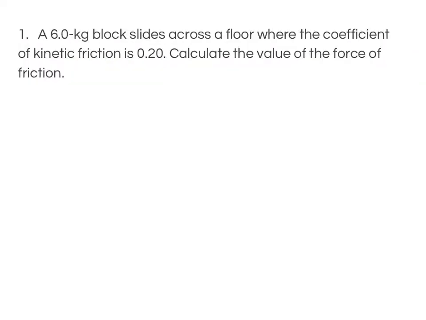So in order to calculate the force of friction, we're going to need the normal force because the force of friction is mu times the normal force. Let's take a look at a force diagram so that we can imagine all the different forces. Our block is sliding across the floor and there's friction. It doesn't say it's being pushed, but we do need to have a sense of which direction it's moving.